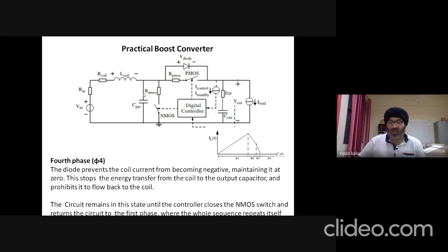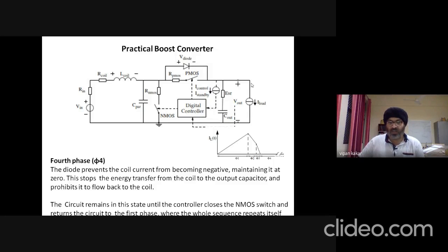So it will maintain its zero value, which was at the end of phase 3, when the inductor coil current was completely decayed to zero through the diode. And in phase 4, it never goes back because of the reverse biasing of the diode. So it remains at zero, never going negative.